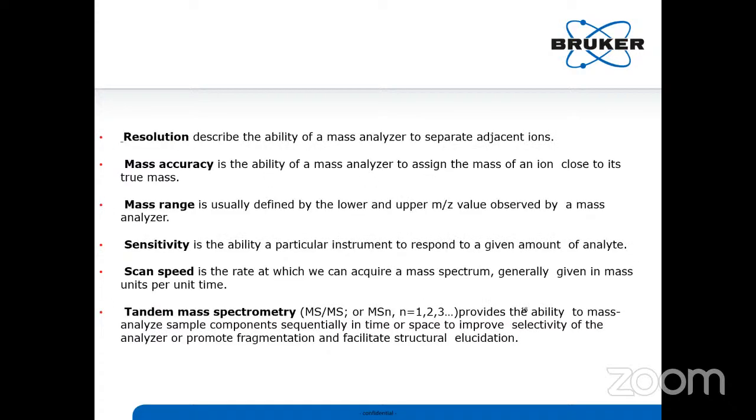These are the key terms you should understand when you are analyzing any of your samples. First thing, resolution. As I mentioned in previous slides, how close the species are that your mass spec is able to separate determines the quality of data you will get. If it is a normal regular mass spec, just for your MS normal intact mass confirmation, that is fine.